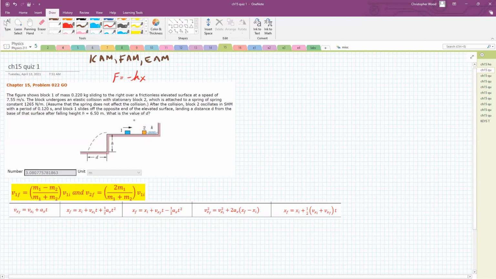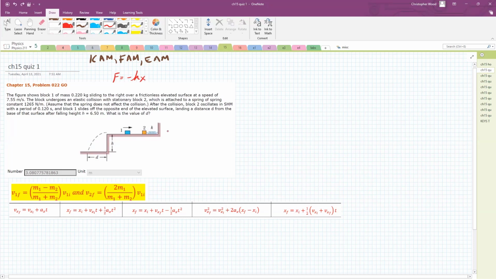Okay, so here's our first problem. We have block 2 here, bouncing back and forth on this table. Block 1 has a mass, it's sliding to the right. As block 1 is heading to the right, block 2 is bouncing back and forth, because it's attached to a spring and there's no friction.